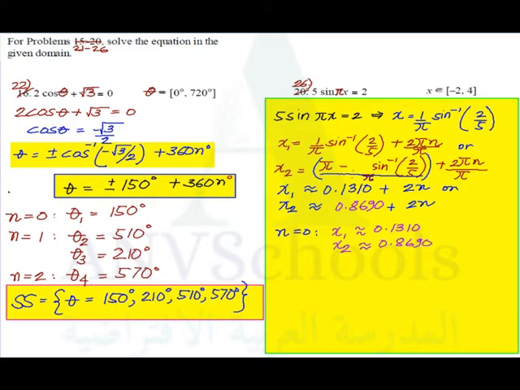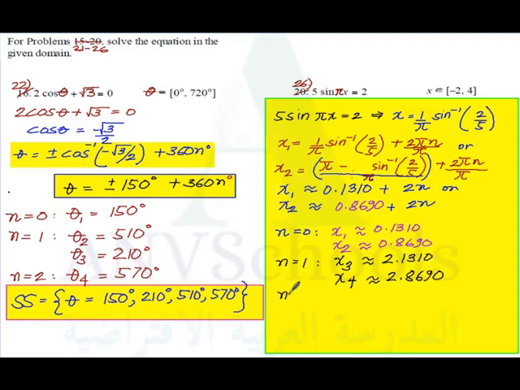When n is equal to 1, that will give us 2 times 1 plus 0.1310, so we have x3, approximately 2.1310. And for the alternate solution, that would be 2.8690.